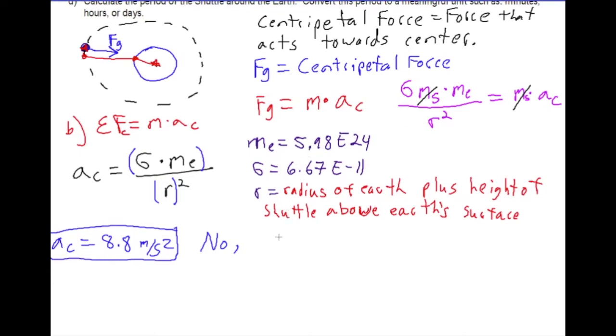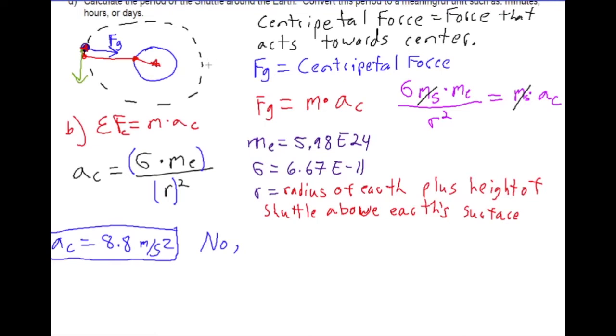What does this tell us? Well, this is interesting. What this centripetal acceleration is telling us is the same thing that regular acceleration is telling us, and that's how fast velocity is changing. In this case, though, the velocity of our spaceship is always changing because it's moving in a circular path or an elliptical path. Velocity at one point might look like this, right? It might be pointed this way.